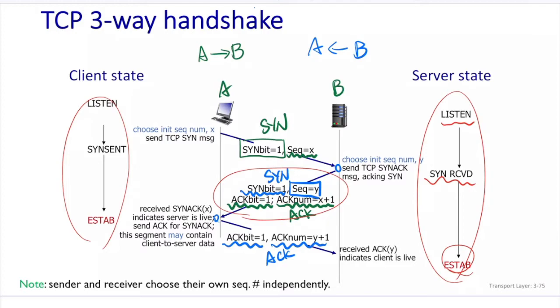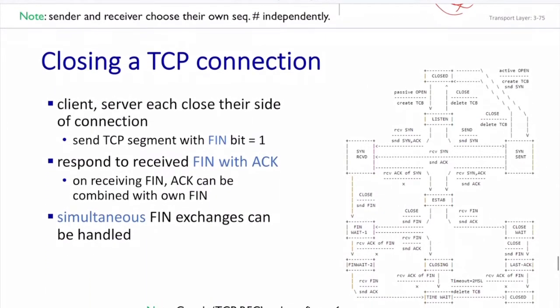So at the left hand side for A, initially it is at listen state, and after it sends the first green SYN to B, it goes to SYN sent, and it will wait for the first blue SYN and the green ACK to come from B, and it enters the established state, and then sends the last ACK back to B.